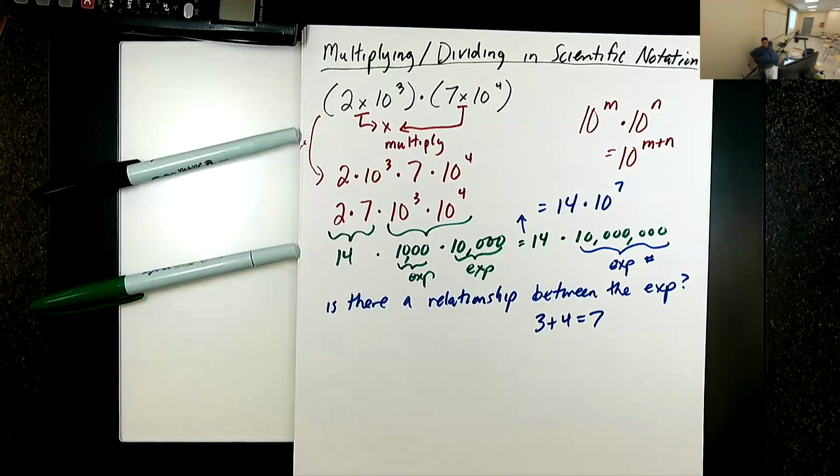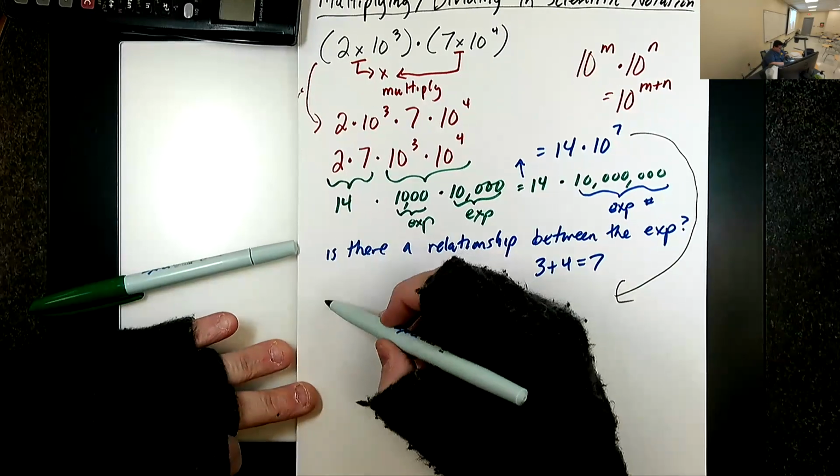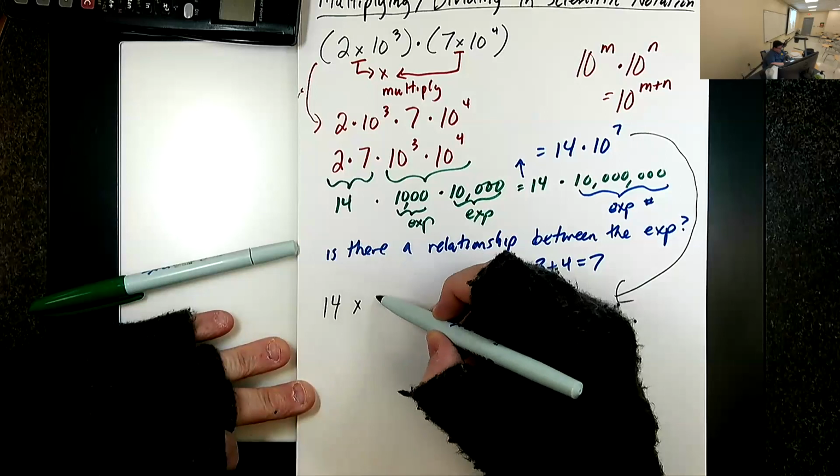But we're not done with this problem. So I'll bring this down. I've got the 14. Right now we're at 14 times 10 to the 7th power.